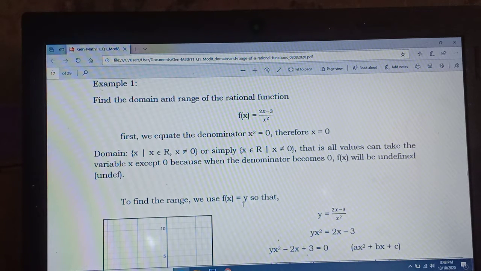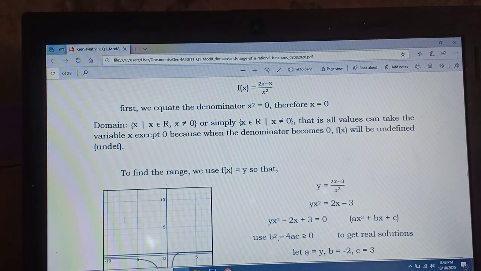To find the range, we let f of x be y, or we change f of x to y. So y is equal to 2x minus 3 over x squared.